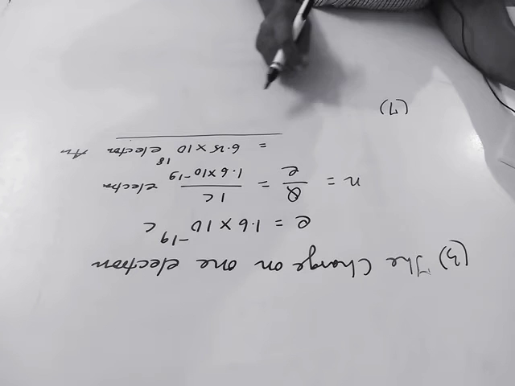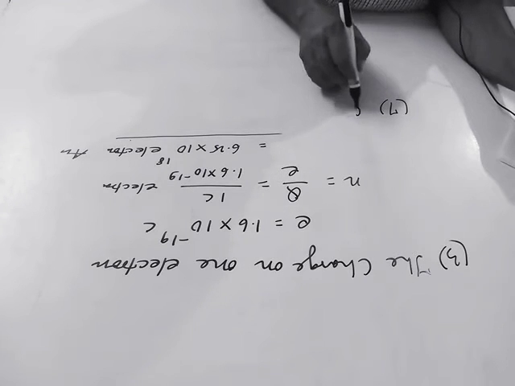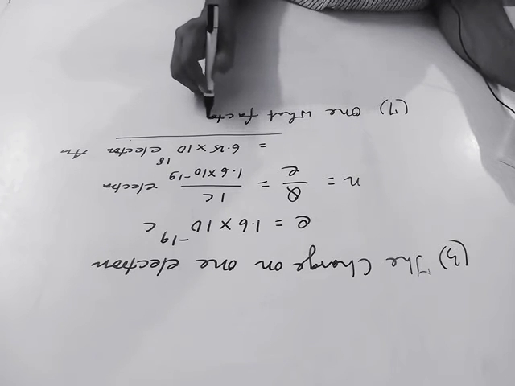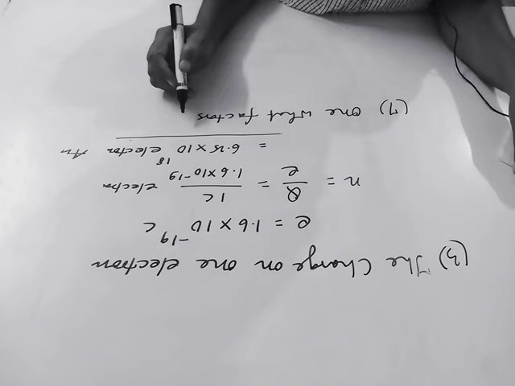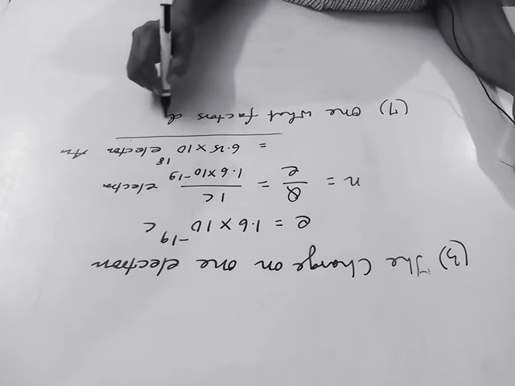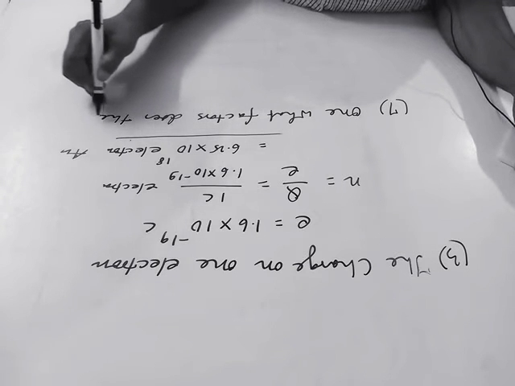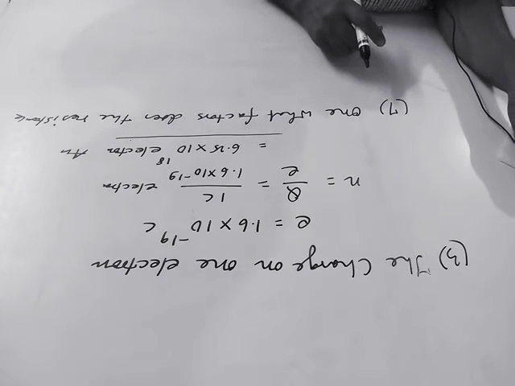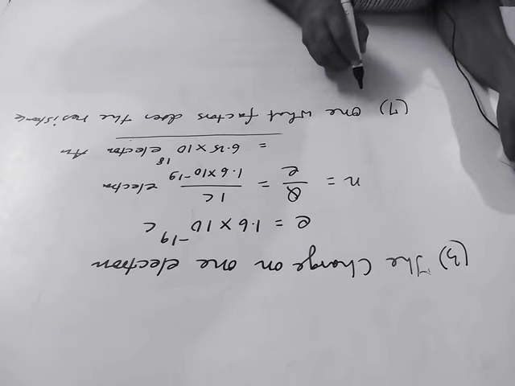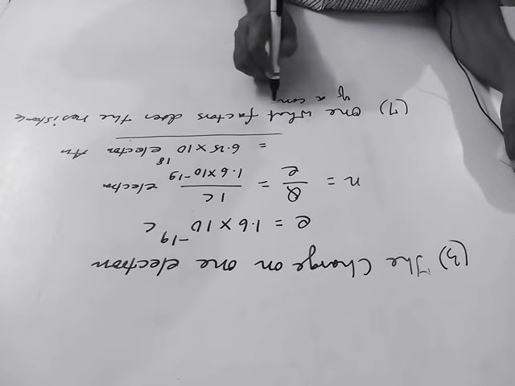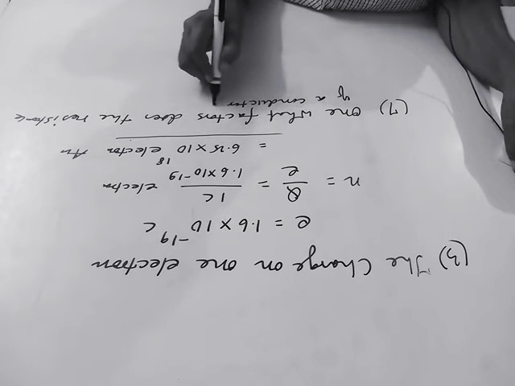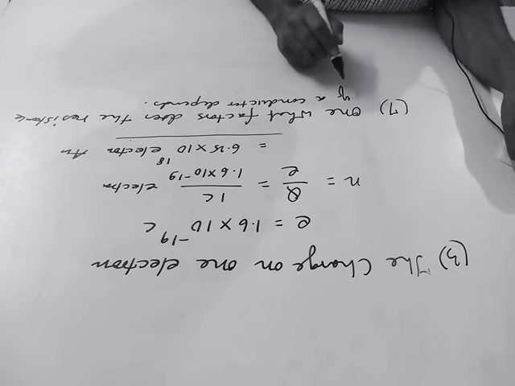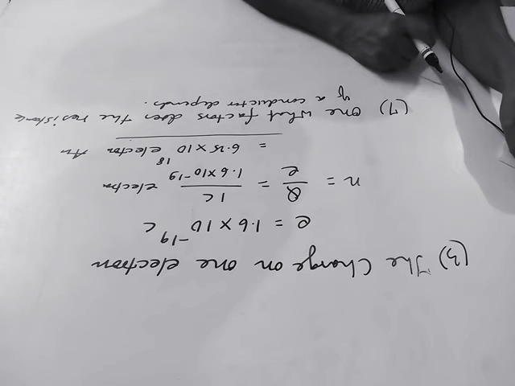On what factors does the resistance of a conductor depend? On what are the factors on which the resistance of a conductor depends?